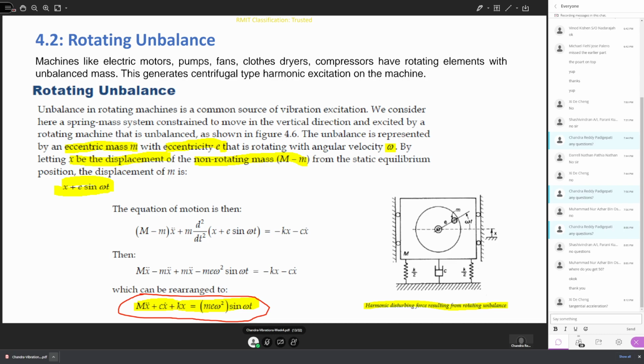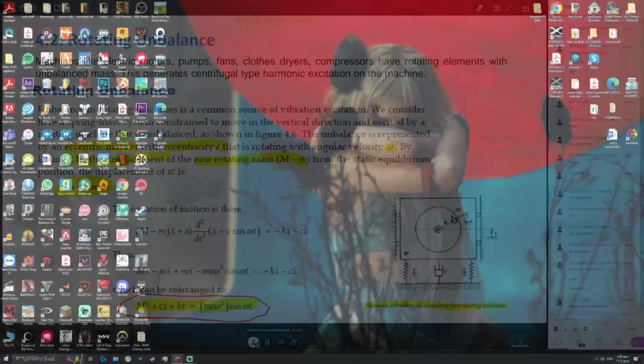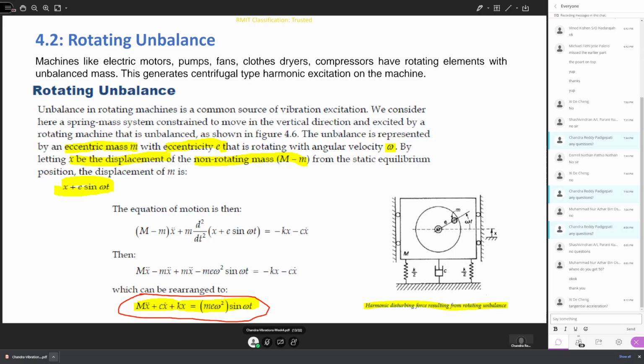The only difference is that here the force is due to a rotating unbalance in the system. So here the force is m e omega square, where e is the eccentricity of the system and m is the mass in rotation with angular velocity omega.